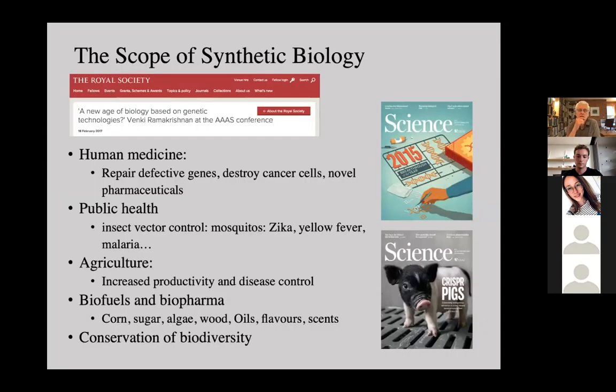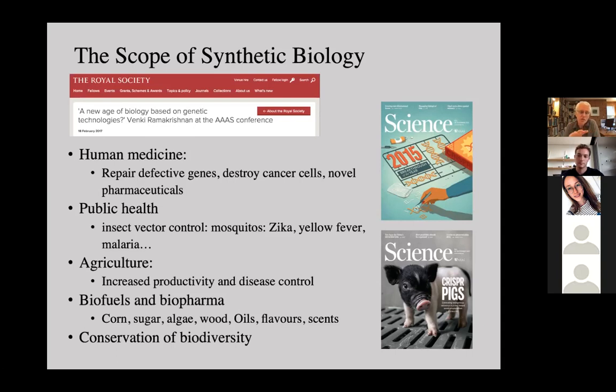Why synthetic biology? Well, simply because the scope of applications is huge, as you will probably all know, and as scientists and engineers lift their eyes from the micro scale of the technologies of genetic engineering to look at different applications, the applications seem to replicate. So Venki Ramakrishnan of the Royal Society, speaking back in 2017, talked about a new age of biology based on genetic technologies.